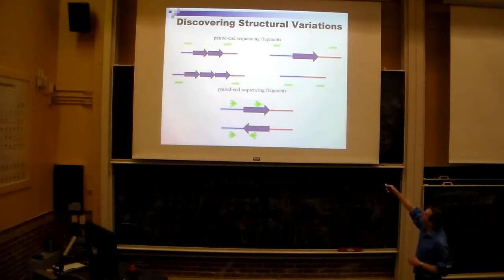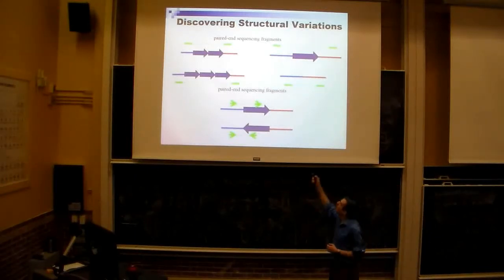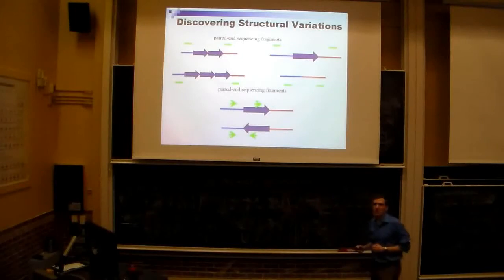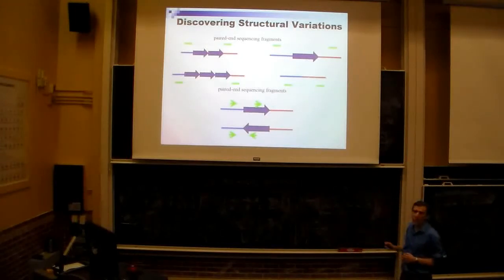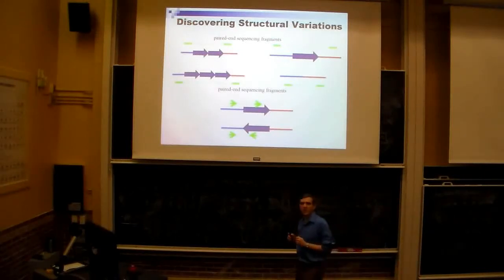It's basically the same principle if we are talking about an insertion or a deletion. If we have a piece of DNA that's in our reference genome, we get a paired-end sequence to someone who's missing that piece of DNA, then we will see that when we align the 2 ends of the paired-end sequence to the reference genome, they will seem to have the wrong distance between them.